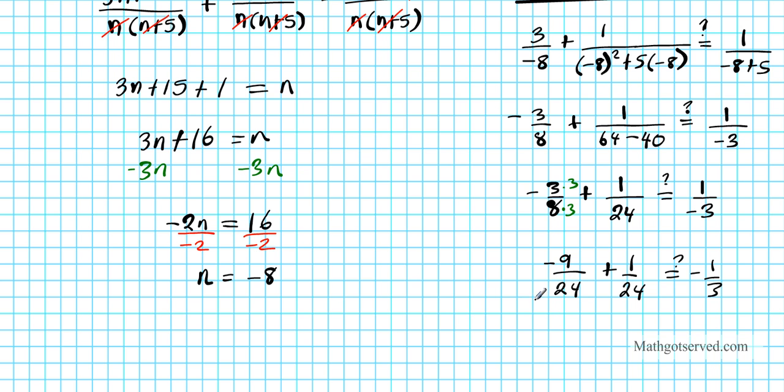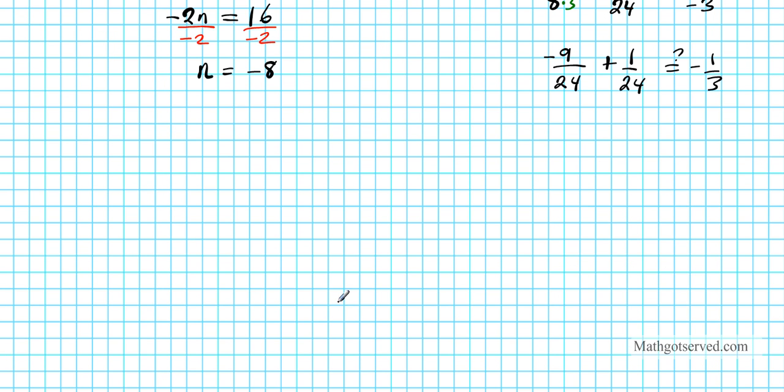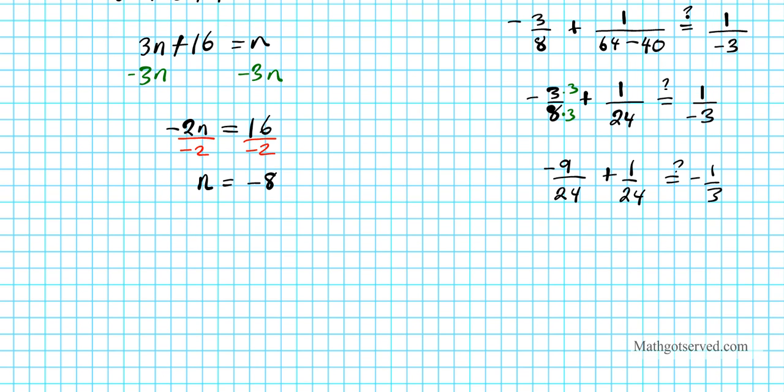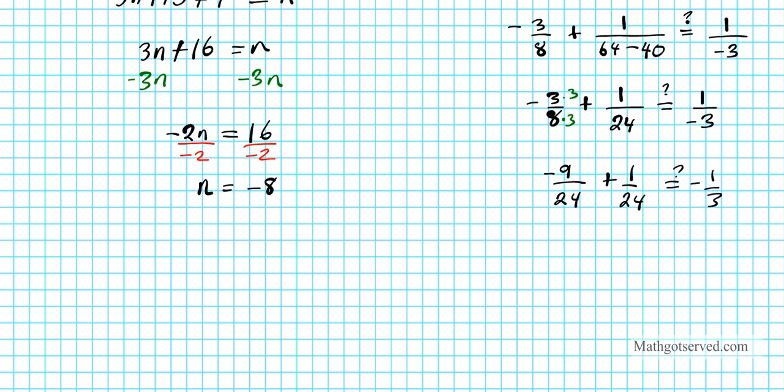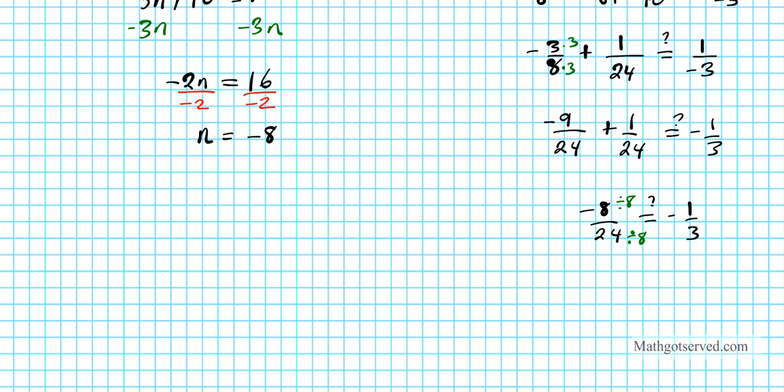That's a question. Negative 9 plus 1 is negative 8. So negative 8 over 24. Is it equal to negative 1/3? So we divide this by 8 top and bottom, and our final result is going to be negative 1 over 3. Is that equal to negative 1 over 3? Absolutely. So our answer checks out.